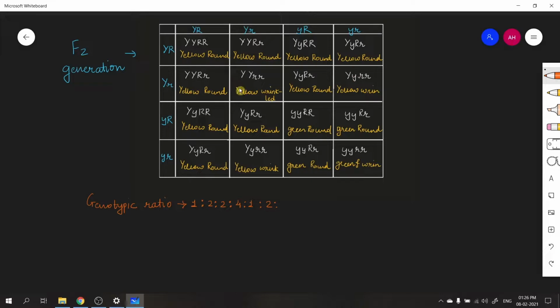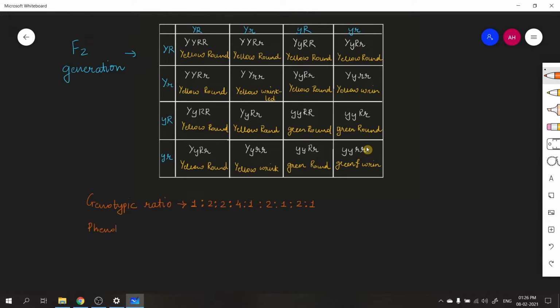Then we had left out this one, if you remember, right? Because we had considered these two, this box was left. So we write down number 1 for this one. Now we come to these two, small y, capital R, small r. These two are similar, so we write down number 2 for them. And lastly, we are left with small y, small r, which gives us 1. So this becomes a genotypic ratio. 1:2:2:4:1:2:1:2:1.